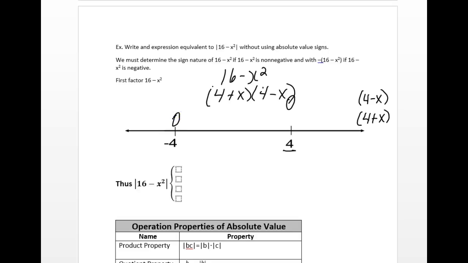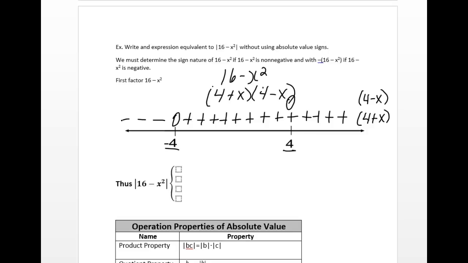Now if we test these out, if I put something greater than negative 4, say I put 0 in, 4 plus 0 is 4, so it's positive going this way. And negative going the other way, because if I put negative 10 in, 4 subtract 10 is minus 6.